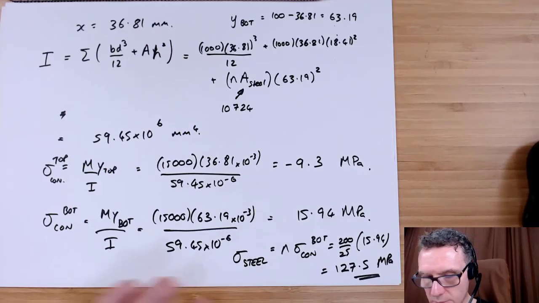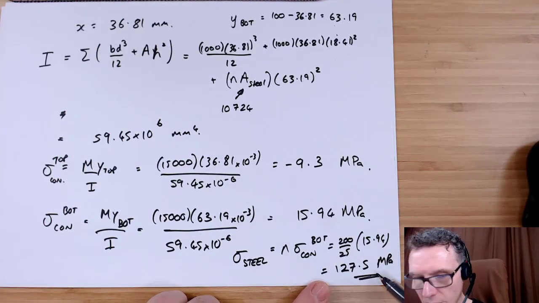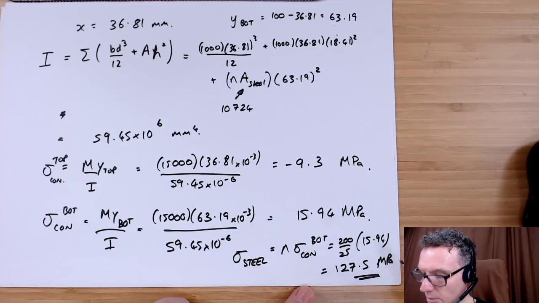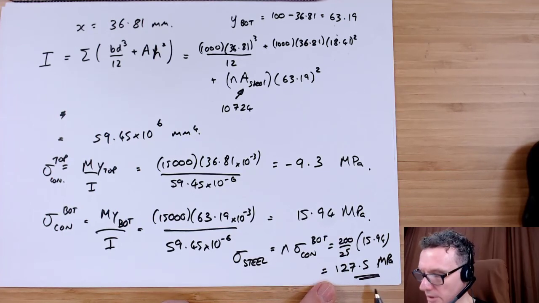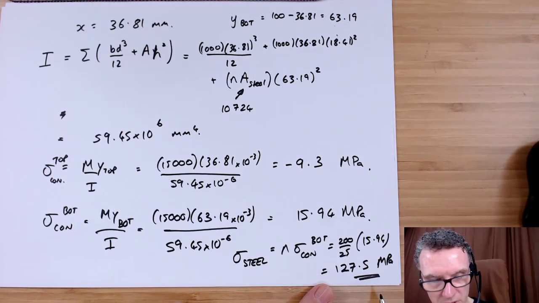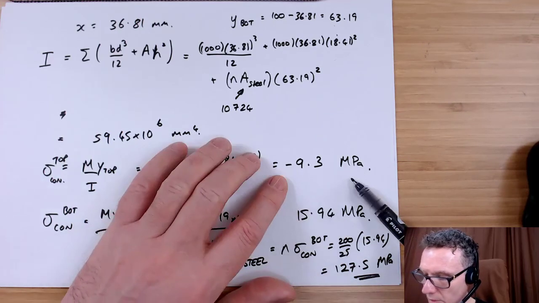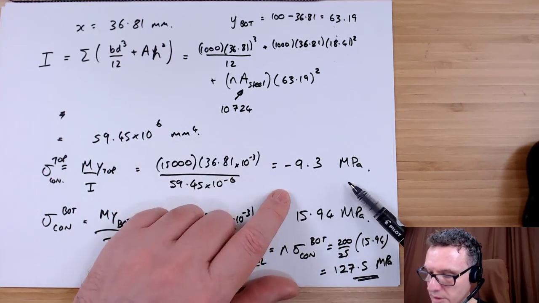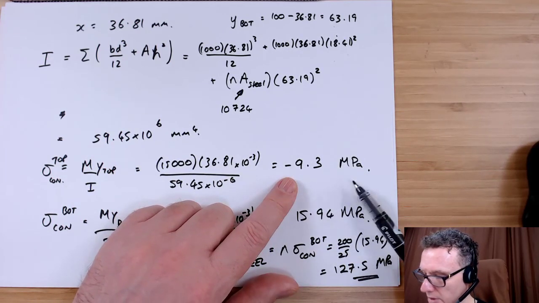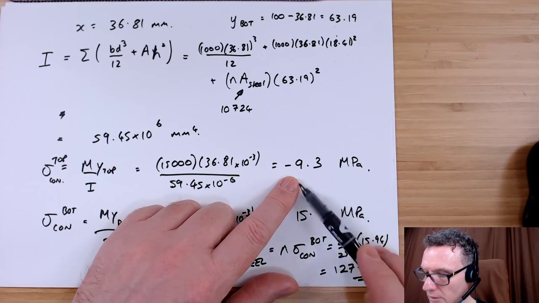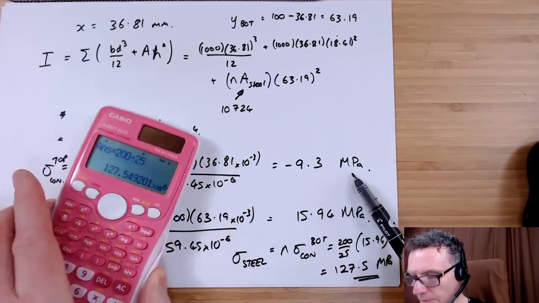Okay, and that would be the sort of thing I suppose we would hope to be getting. So basically a lot of this bending moment is taken up in the steel, and the steel is going to give us a big tension. Steel likes to be in tension, and we're going to get no concrete in tension, and we're going to get minus 9.3 megapascals in compression.